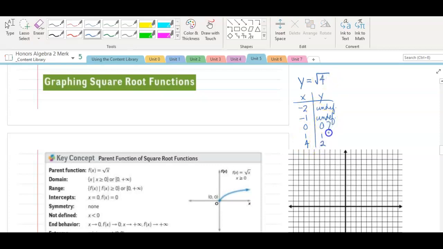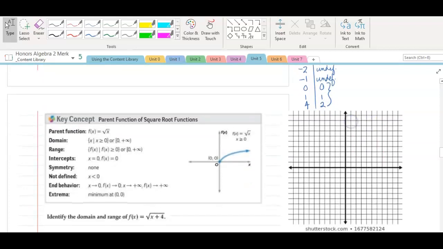And you'll notice these points are very easy to plot: (0, 0), (1, 1), (4, 2), and so on. The next one would be 9, 3. And you can see where the parent function comes from.